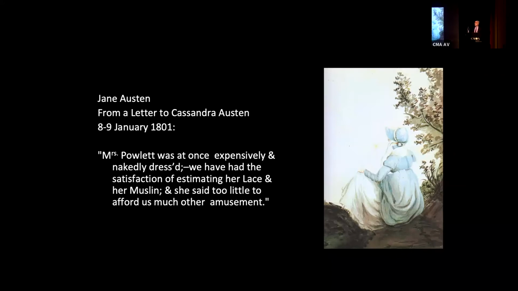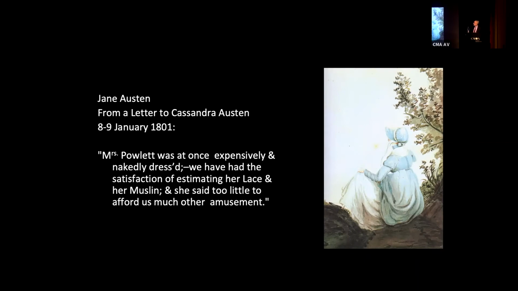She is writing that they went to visit a neighboring clergyman and his wife. And Jane Austen says, quote, "Mrs. Powlett was at once expensively and nakedly dressed. We have had the satisfaction of estimating her lace and her muslin, and she said too little to afford us much other amusement," end quote.